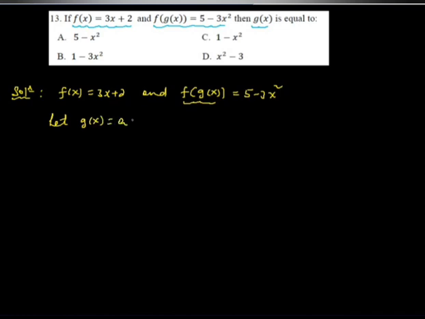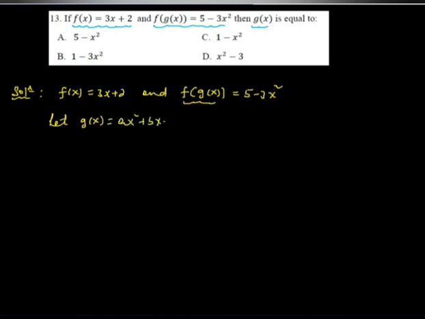What is given: the function f, a linear function, f of x is 3x plus 2 and the composition of f with some unknown function is 5 minus 3x squared. በነገራችን ላይ አንደኛው function linear ሌላኛው quadratic ከሆነ in this order the unknown function will be by default quadratic because the composition of linear with linear will not give quadratic.